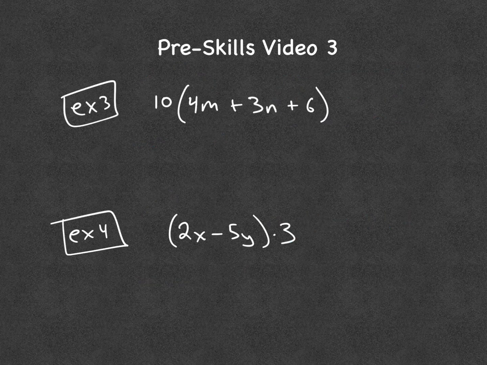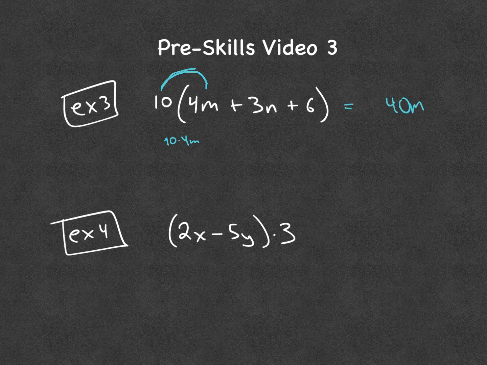Example 3. Ooh, on this page we have a couple that look strange, but it's all the same still. So in example 3, I have 10 parentheses, and then inside there are 3 terms, 4m plus 3n plus 6. So even when there's 3 terms, it just means we have to distribute one more time. So I'm going to take that 10, and distribute to the 4m. 10 times 4m, that gets me 40m.